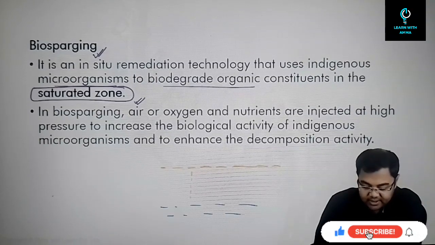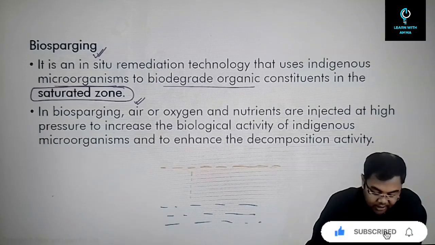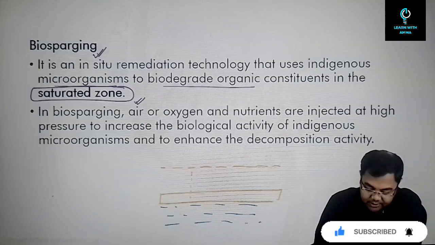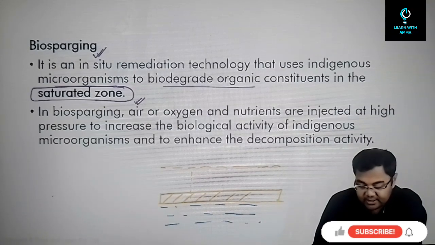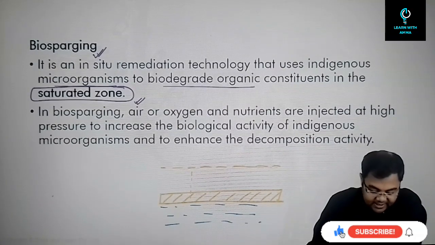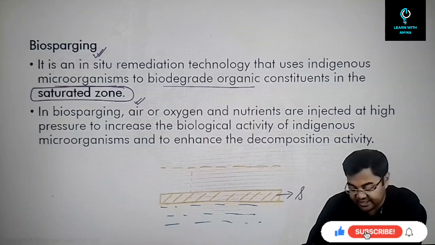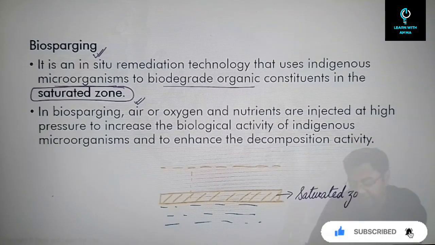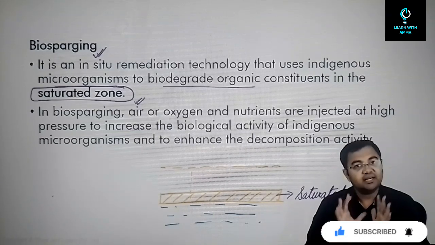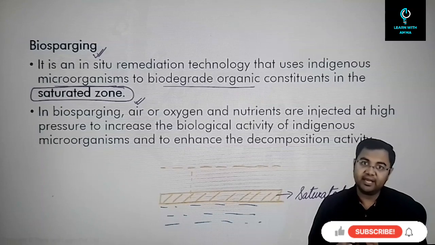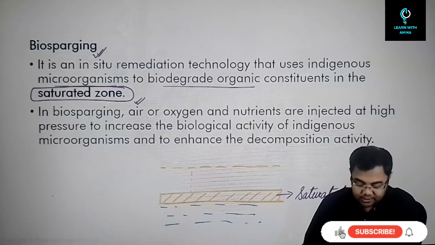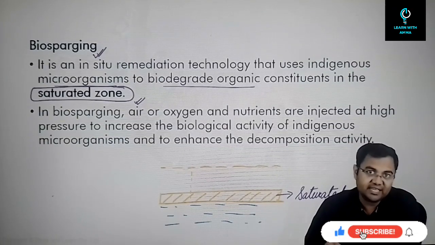The soil just above the water table is the part that can be called the saturated zone. Why? Because it cannot contain any more moisture. It has all the moisture that it can sustain. That's why this zone is called the saturated zone.